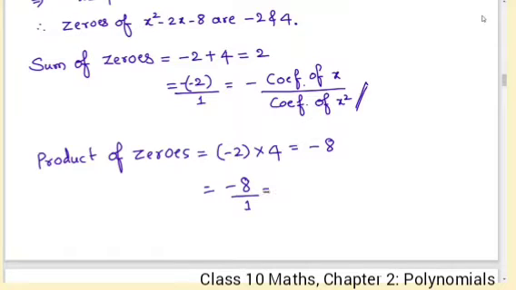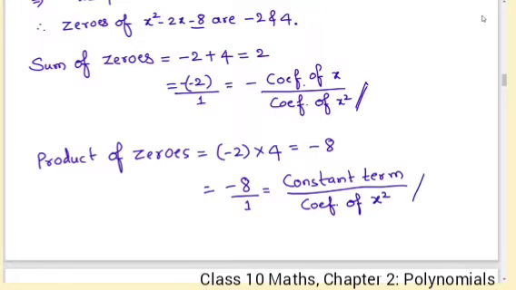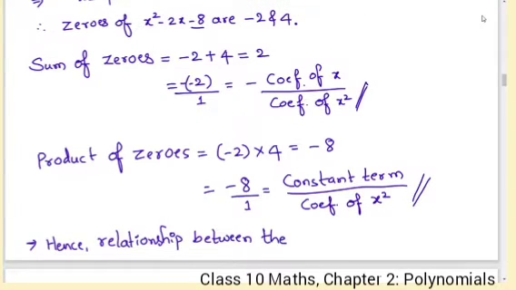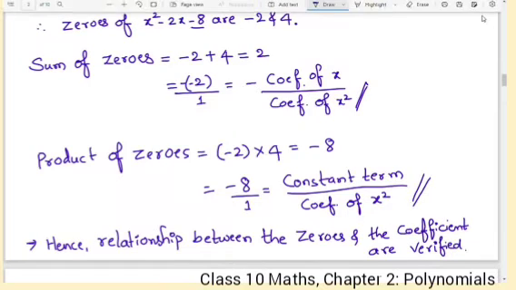Minus 8 by 1, that is minus 8 is the constant term and 1 is the coefficient of x square. So this holds good. Hence, the relationship between the zeros and the coefficients is verified.